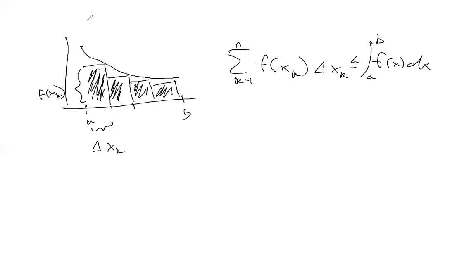On the other hand, if I had drawn my rectangles above, meaning I'd overestimated my area, then we can represent it by, instead of xk's, delta xj, and let's call this height f of xj.